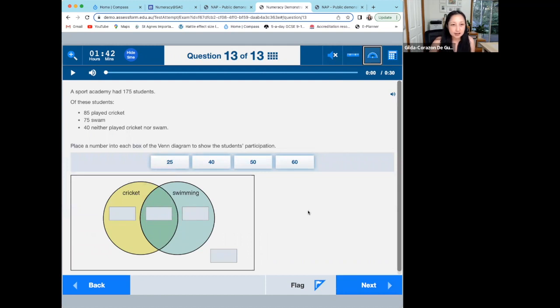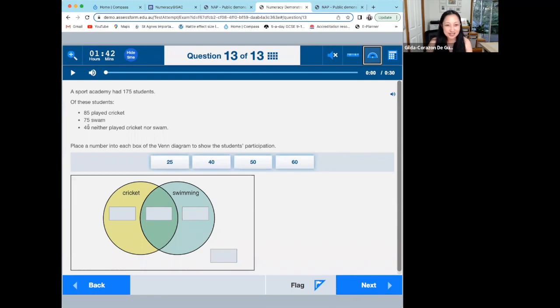Right, it says here, a sport academy had 175 students. Of these students, 85 played cricket, 75 swam, 40 neither played cricket nor swam. Place the number into each box of the Venn diagram to show the students' participation.